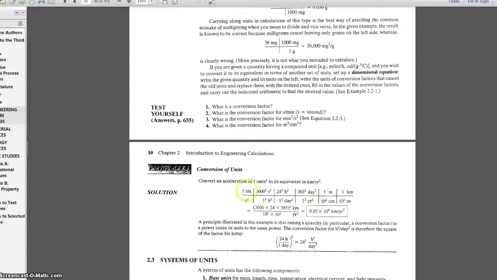The next is to change the centimeter into kilometer.